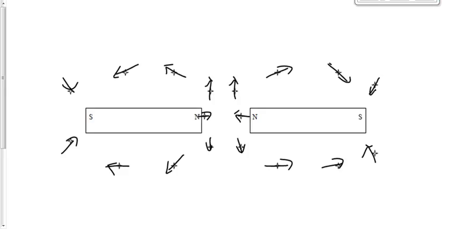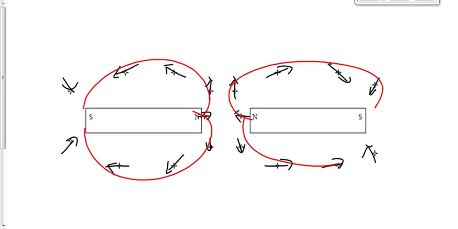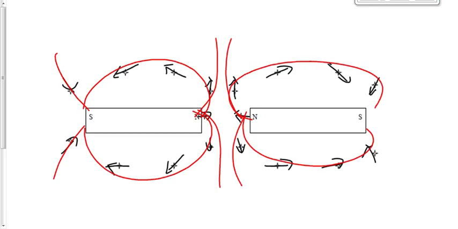What are we going to see? I don't know if that looks familiar to you or not, but start drawing some charges and see if we can make it look familiar to you.